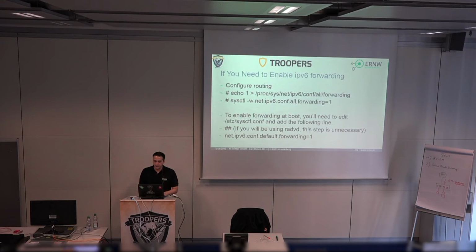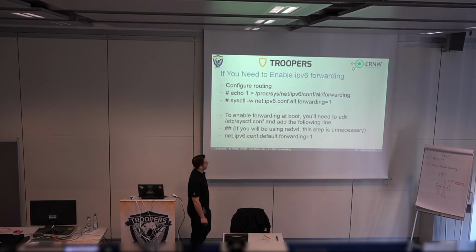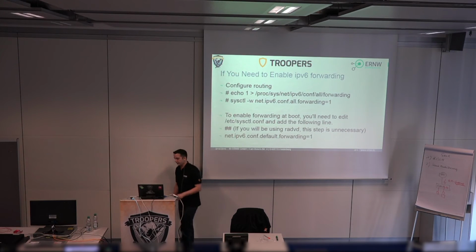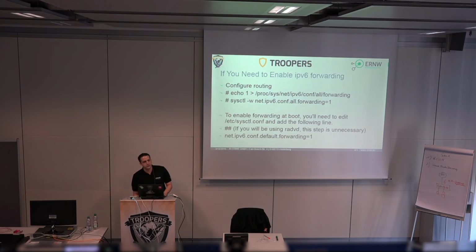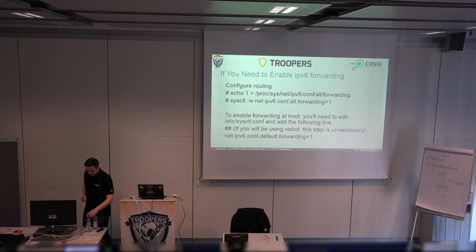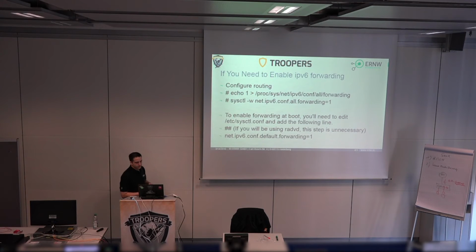And as I already said, you have to make sure to enable IPv6 forwarding, otherwise you will just DoS the targets, and that's most likely not your goal, because you want to be transparently between two entities to sniff their traffic. Sorry. So you need to make sure that IPv6 forwarding is enabled.